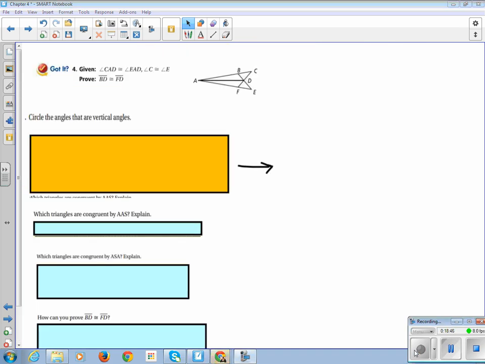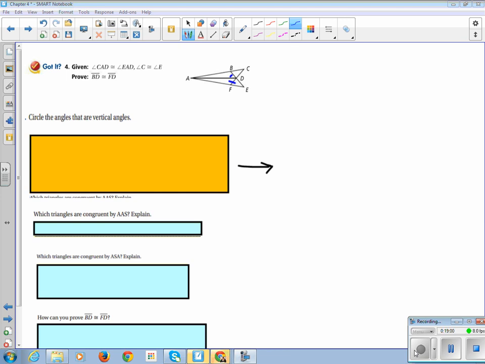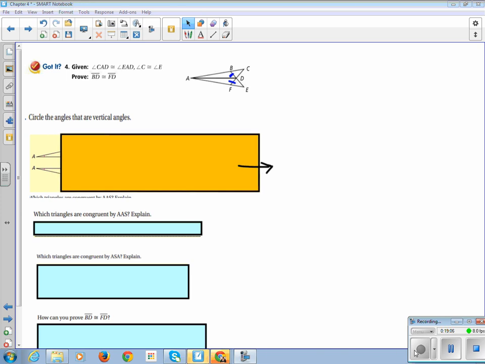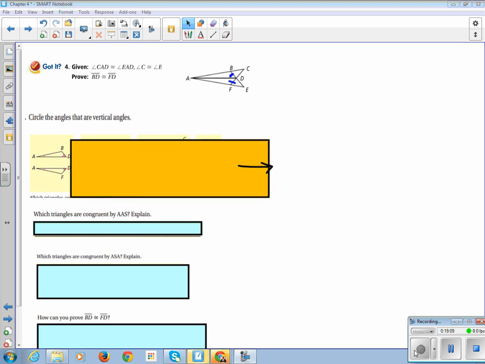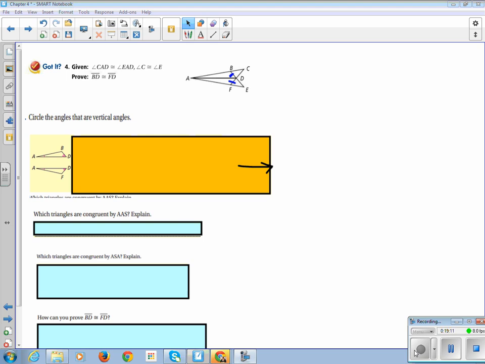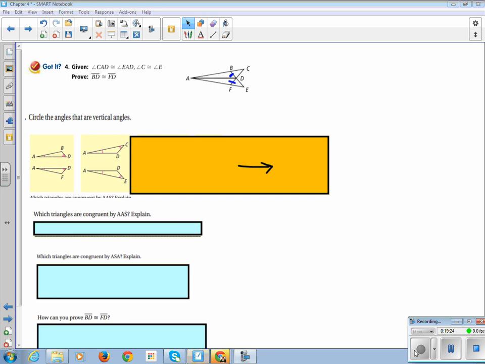All right, so let's look at this problem here. CAD is congruent to EAD. Angle C is congruent to angle E. We need to prove that BD is congruent to FD, which is right here. Marks. So if you draw the different triangles that are there, ABD and AFD are congruent. Angle A's and angle D's are congruent. And then you draw the other triangle, ADC and ADE.